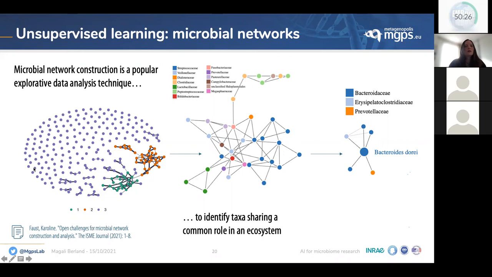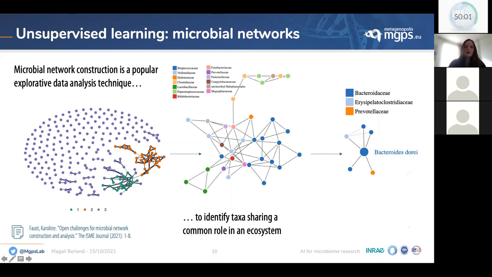Here on this figure, you have the reconstruction of a network for a liver cirrhosis cohort. As you can see, a lot of species are not connected together, but you have two main guilds, one which is green and one which is orange.